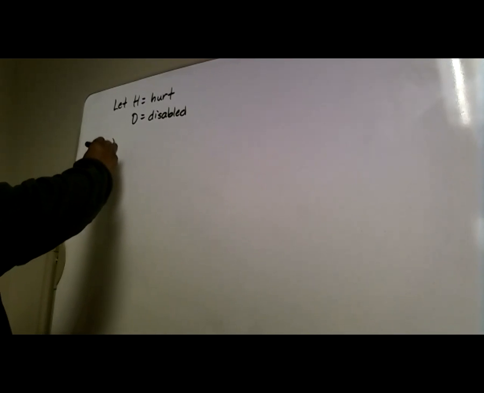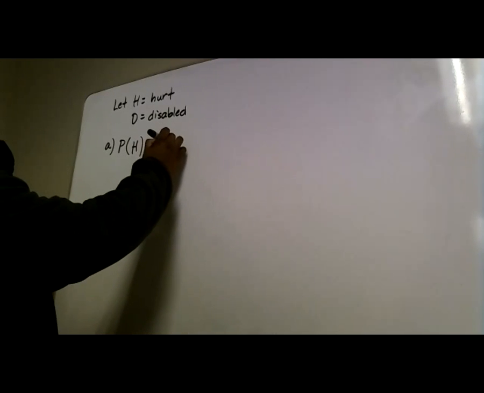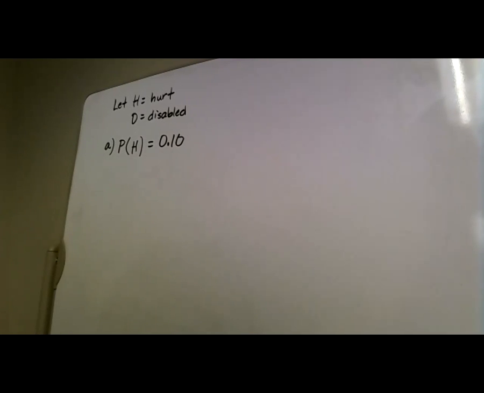So in part A, we want the probability that a randomly selected police officer is hurt in the line of duty. Okay, that should be easy, 10%. Or as a decimal, 0.10, because you're told 10% of America's cops are hurt in the line of duty every year.